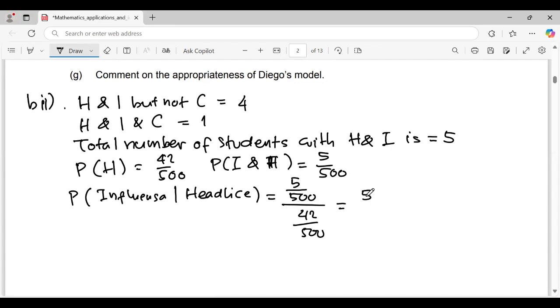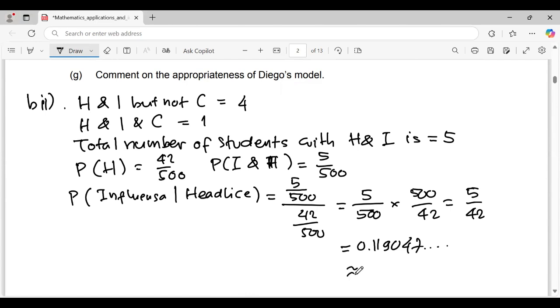It is 5 over 500 multiplied by 500 over 42, which becomes 5 over 42. Or in decimal, 0.119047, or in percentage, 11.9%.